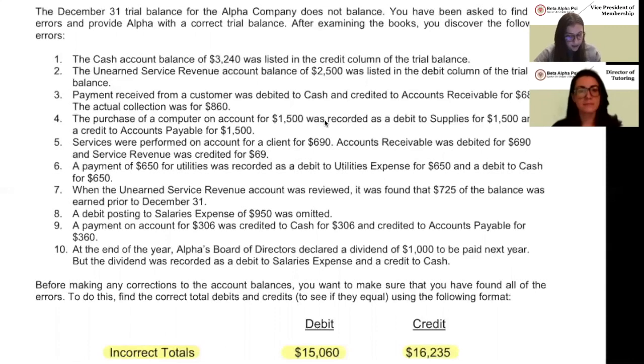So number 1 says, the cash account balance of $32.40 was listed in a credit column of the trial balance. So cash is an asset, and if it was listed on the credit column, but should have been on the debit column, we have to do something to fix that. So we're gonna have our debit and our credit columns.